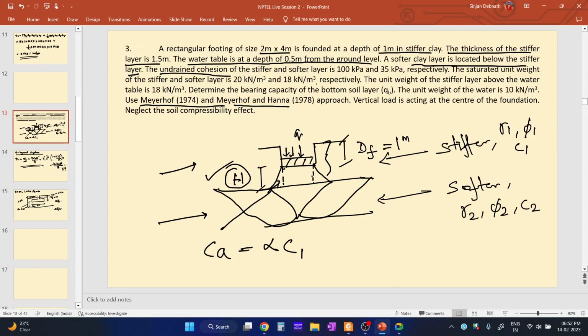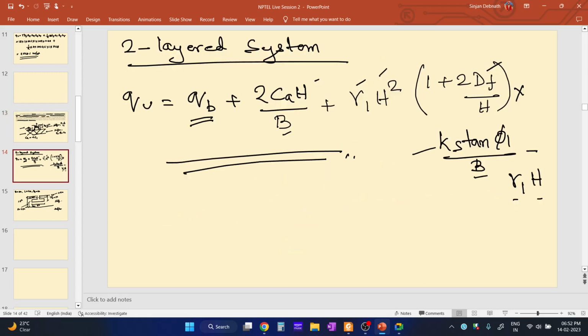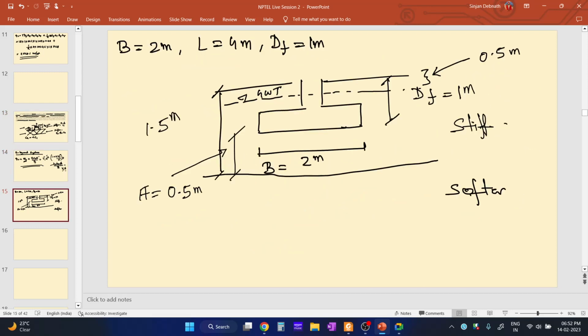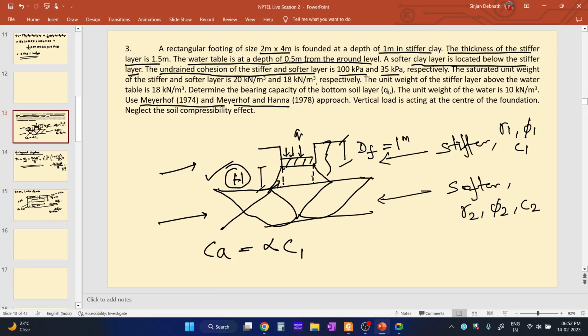The undrained cohesion of the stiffer and the softer layer is 100 kPa and 35 kPa. So C1 is equal to 100 kPa, C2 is equal to 35 kPa respectively. The saturated unit weight of the stiffer and softer layer is 20 and 18 kilonewton per meter cube respectively.